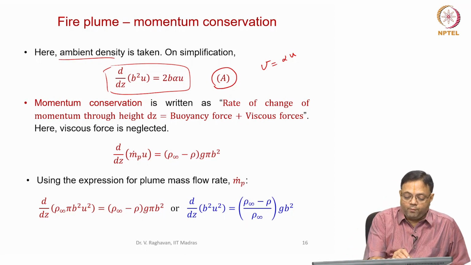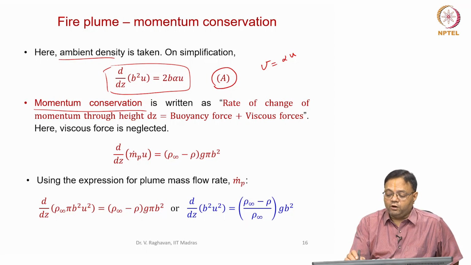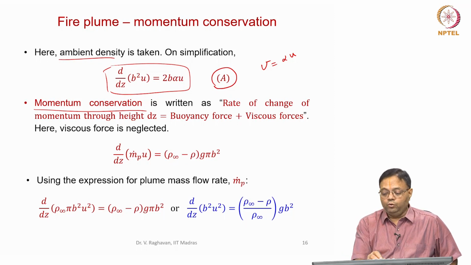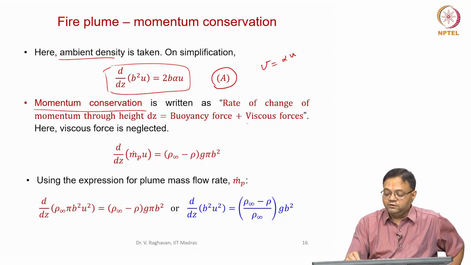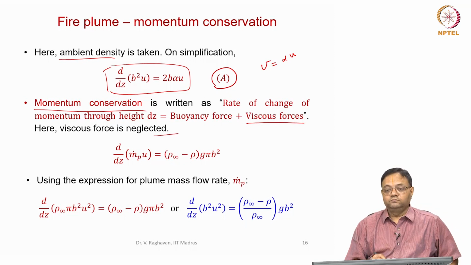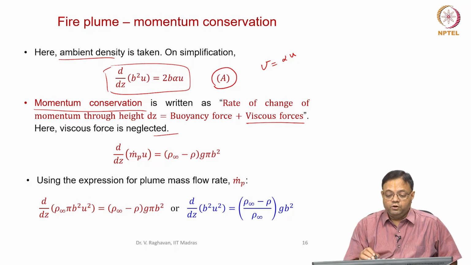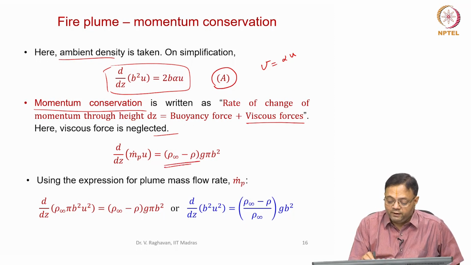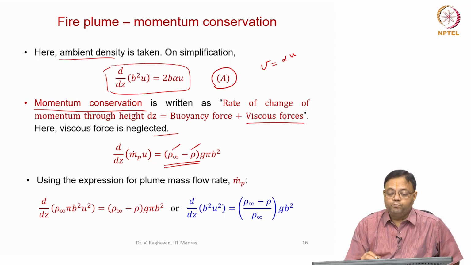Now let us go to the momentum conservation statement. Rate of change of momentum through height dz equal to buoyancy force plus viscous forces, but viscous forces are not included. So only buoyancy force is taken into account. As I told you, to consider the buoyancy force, I will take the difference of density between the ambient and the plume.